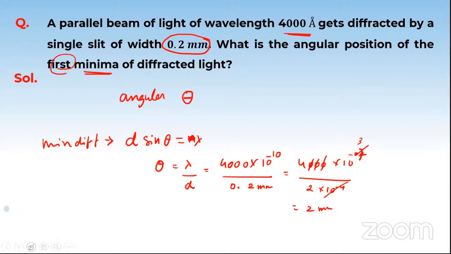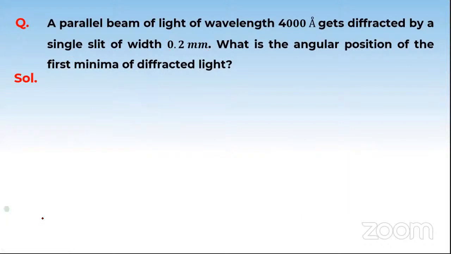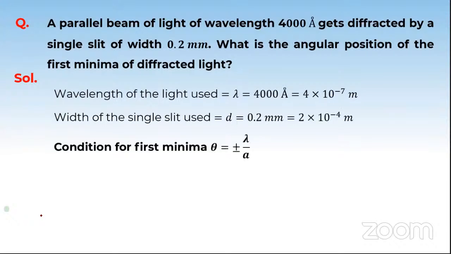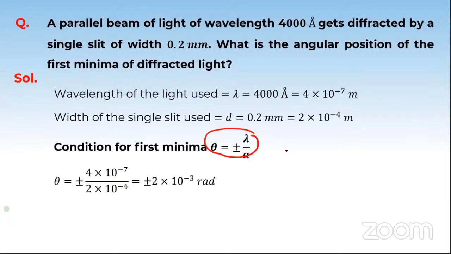Sorry, not 2 millimeter, 2 radians, because angular fringe width has no unit of meters but of radians. So this is the condition for first minima. You have to use the formula a sin theta equals n lambda for diffraction minima.